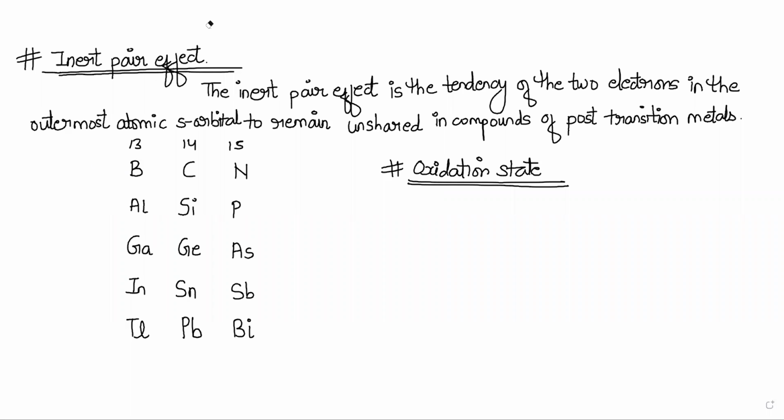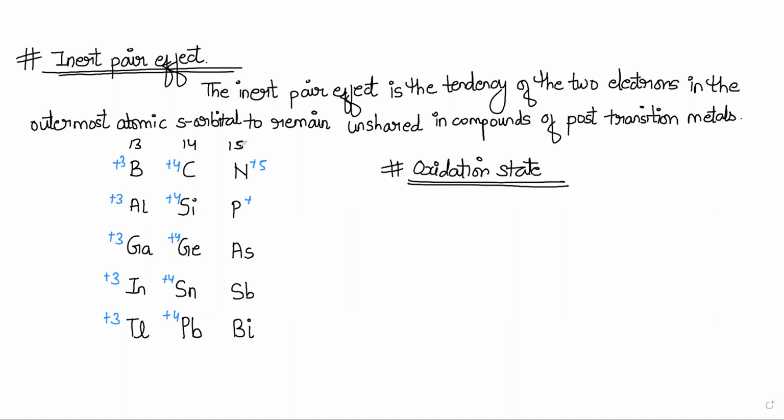According to this concept, boron will show +3, aluminum will show +3, gallium will show +3, indium will show +3, and thallium will show +3. Likewise, carbon will show +4, silicon will show +4, and all the elements in the same group will show +4.